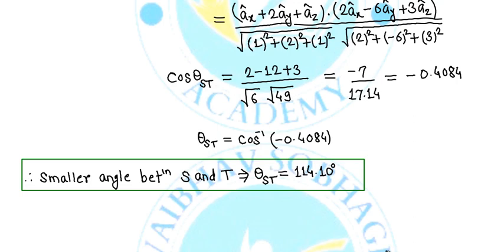So we have, after taking that cos inverse of 0.4084 minus value, so we will find that theta st is equals to 114.10 degrees. So this is your final answer of your given numerical.